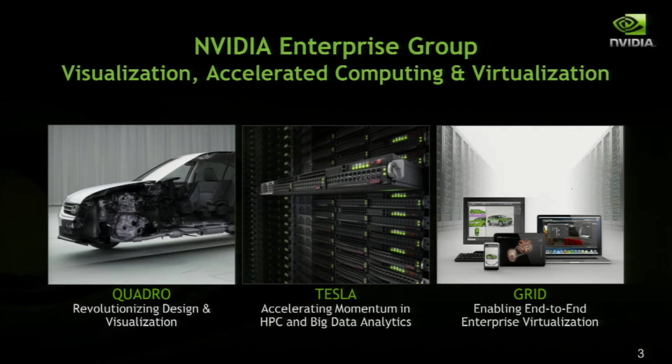And our GRID solution is becoming a choice for enterprises to secure data and to improve the workflow, especially when they have to move large amounts of data from data centers and HPC clusters to do the visualization.